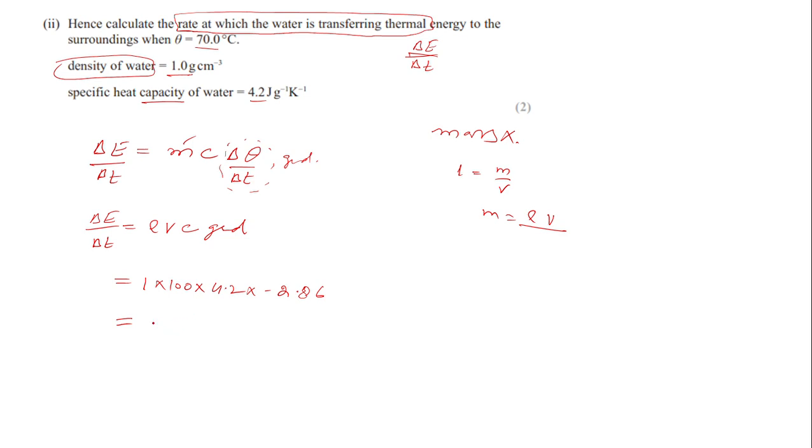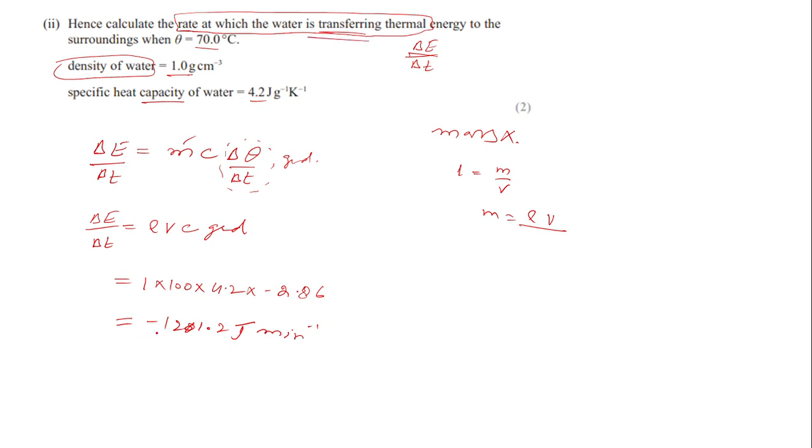minus 1201.2 joule per minute. And the minus is showing that energy is coming out, so this is an exothermic process.